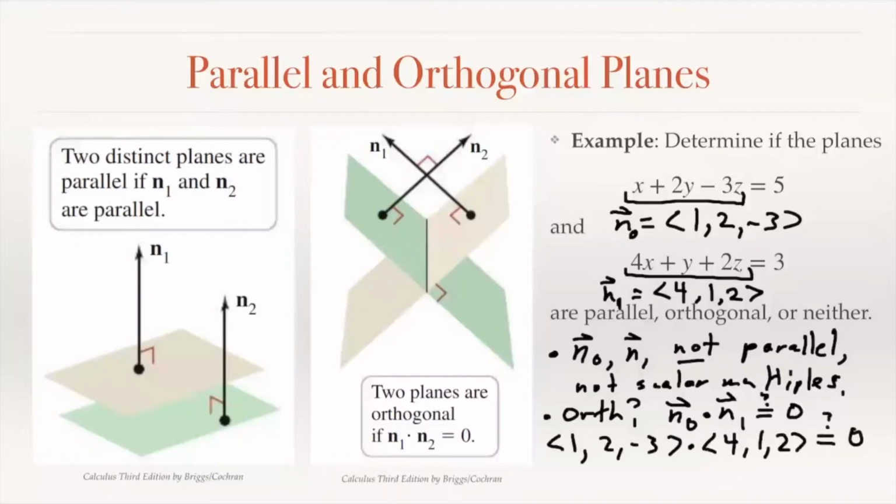Well, this dot product is 4 plus 2 is 6 minus 6. So indeed, that left side is 0 and the right side is 0. That's a check mark. And they are therefore orthogonal. Okay, so those two planes are orthogonal because their normal vectors are orthogonal. So those two planes look like this.